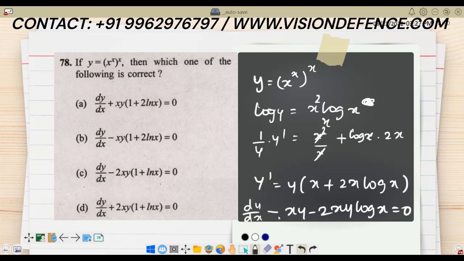If we take minus xy common, it's going to become dy by dx minus xy into 1 plus 2 log x. So that is our answer. We have it here. So finished.